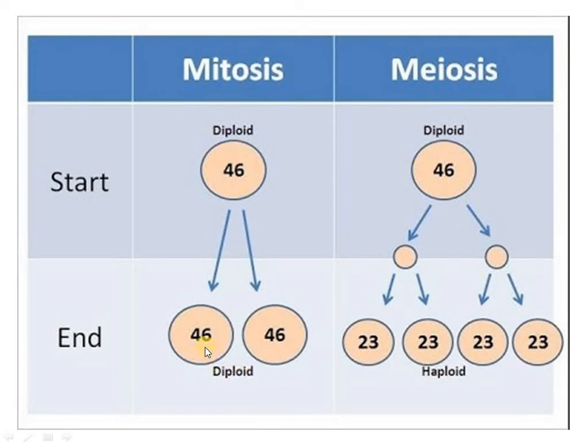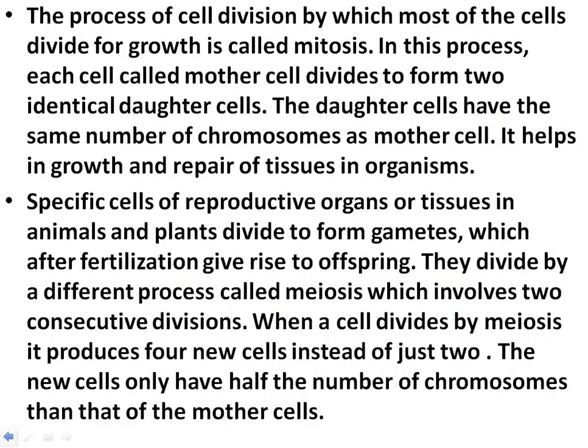When this will divide, it will convert into two daughter cells, and those daughter cells will also have equal number of chromosomes as their mother cell, means 46 chromosomes, 46 chromosomes, so they will also be diploid. This happens in mitosis. Clear? And let's proceed further.